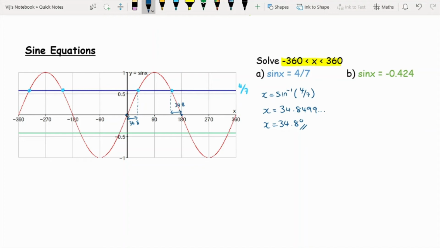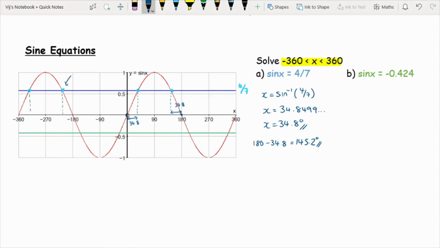So my second angle is going to be 180 minus 34.8, and if I type that into my calculator, I get an answer of 145.2 degrees.